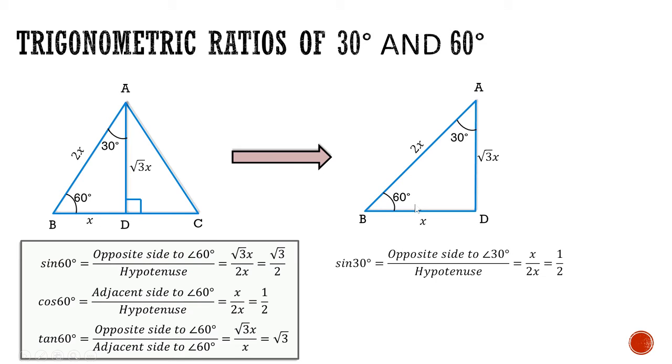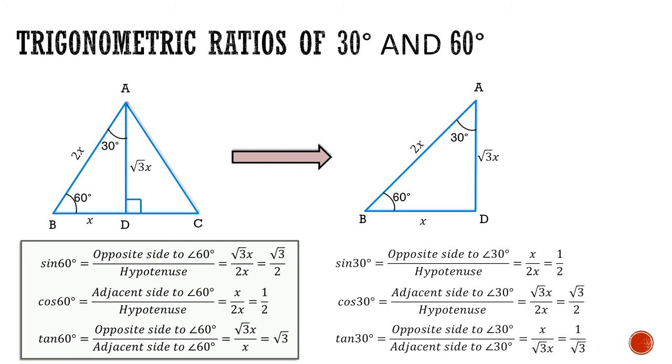And the adjacent side becomes AD. Please do not make a mistake and do not write down AB as the adjacent side, because AB is the hypotenuse. So AD will be the adjacent side and BD will be the opposite side for angle 30. So that's how you will get the values for sine 30, cos 30 and tan 30.